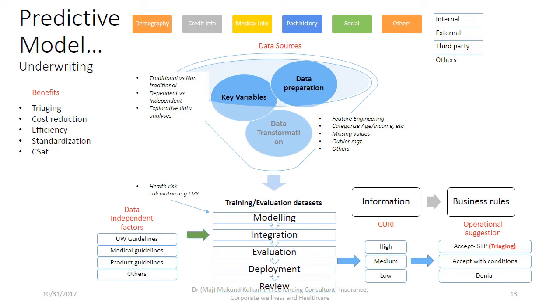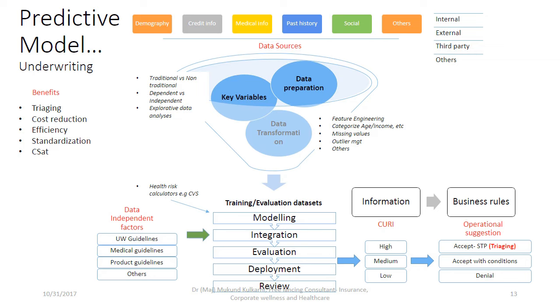Now, one example of medical guideline integration: a lot of medical developments happen on a day-to-day basis, and our underwriting guidelines cannot be updated at the same pace as the clinical guidelines coming from authorized institutions of the world.